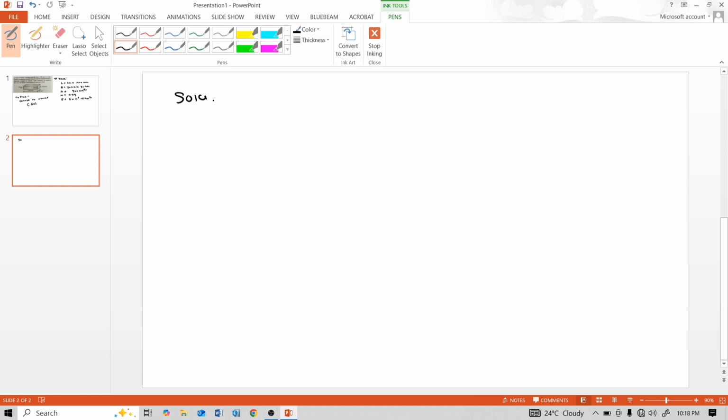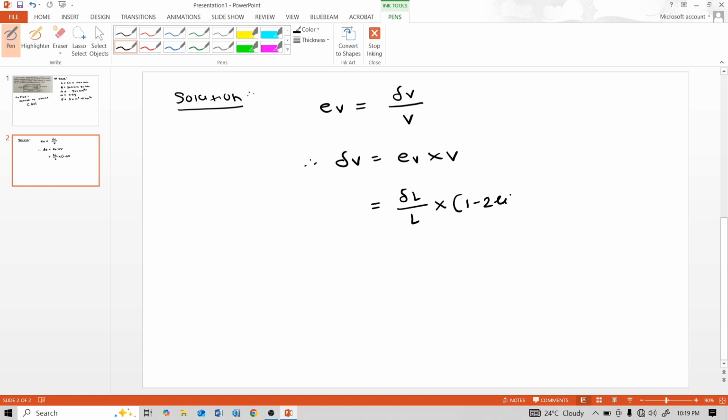Solution. Volumetric strain e_V is equal to change in volume to the original volume, and therefore change in volume is volumetric strain multiplied by original volume. Volumetric strain is change in length to the original length multiplied by 1 minus 2 mu, where mu is Poisson's ratio.